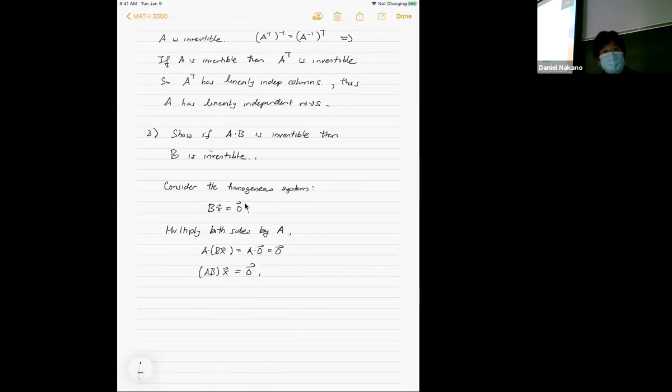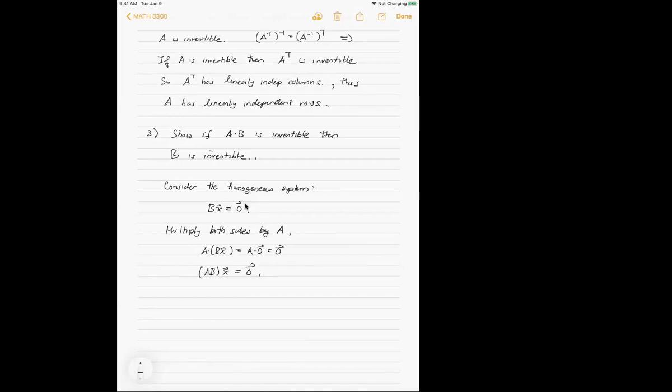Now we know AB is invertible. So what can we conclude? That it has only the trivial solution.